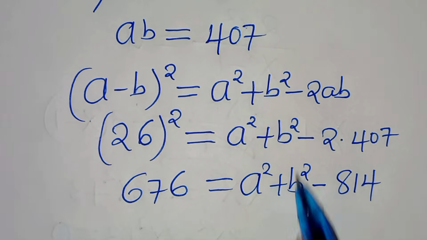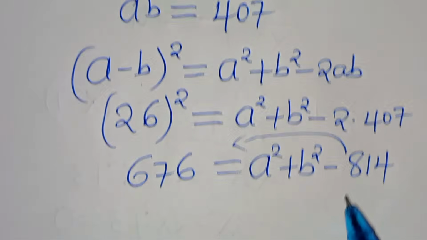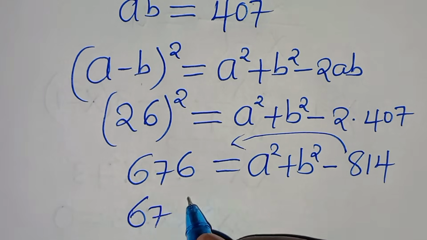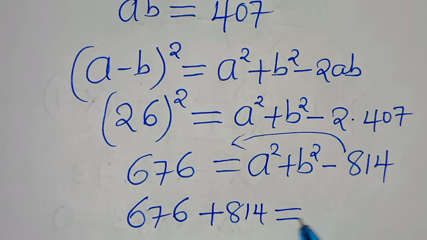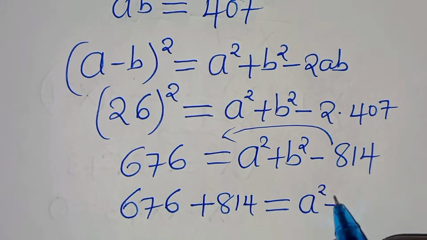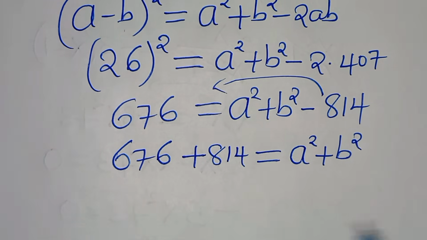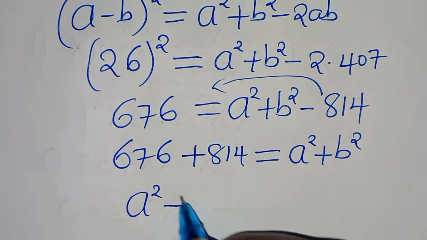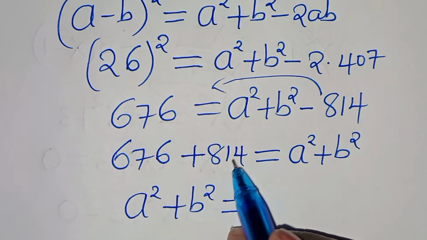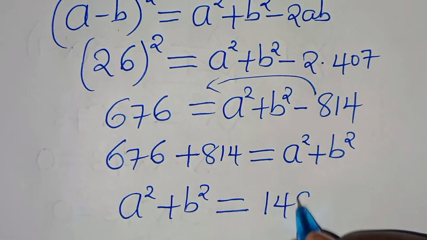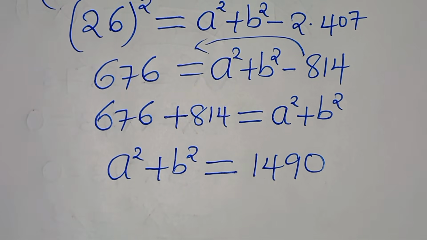So this means that a squared plus b squared, let's take minus 814 to the left hand side. So we have 676 plus 814 equal to a squared plus b squared. This is 1490.